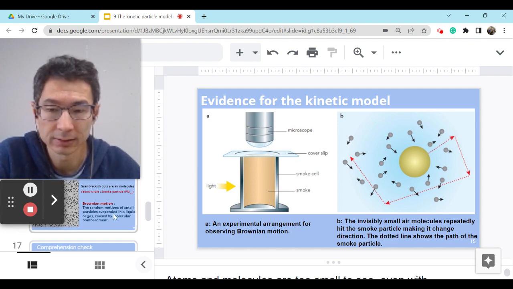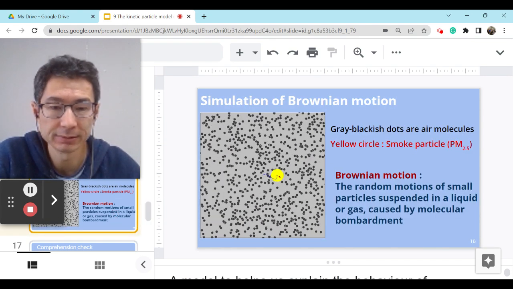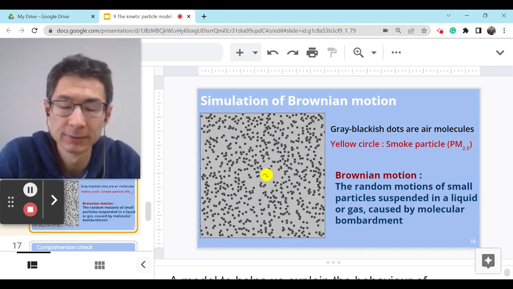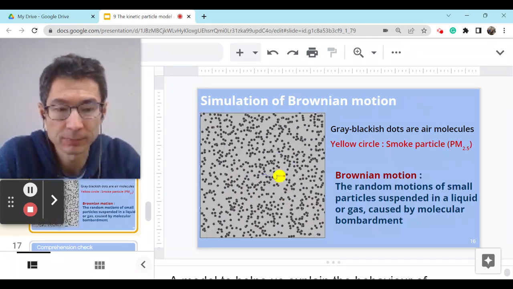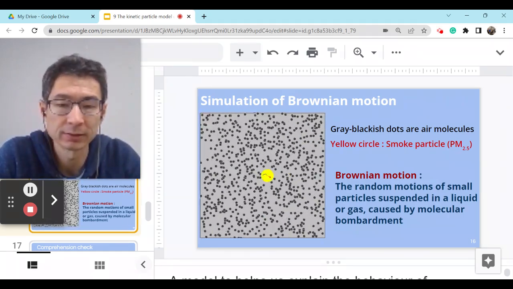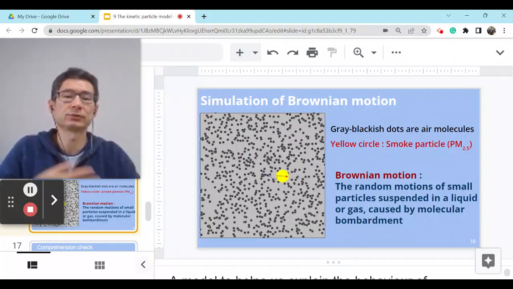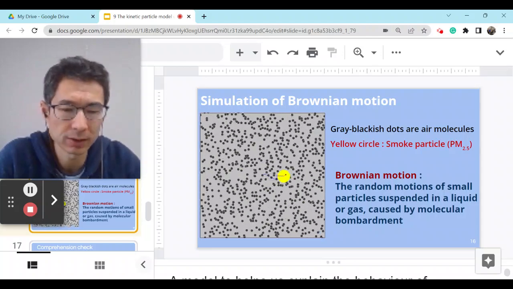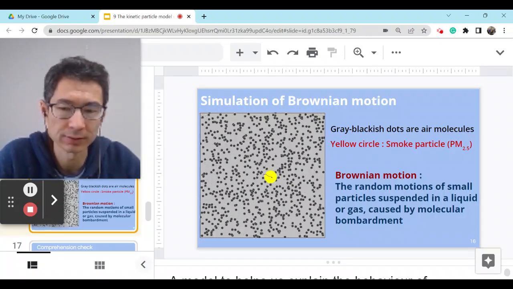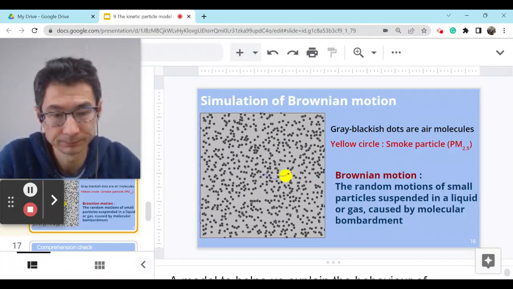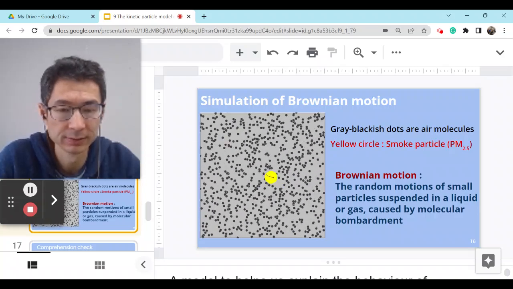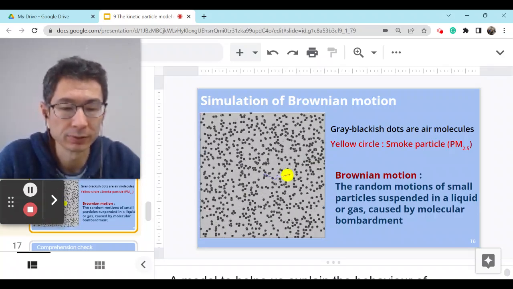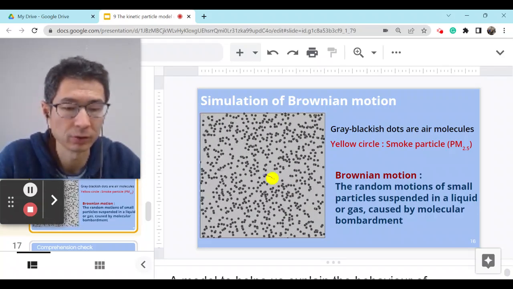In this slide, the yellow is the smoke particle. It shows Brownian motion. What's Brownian motion? Brownian motion is the random motion of small particles suspended in a liquid or gas, caused by molecular bombardment.